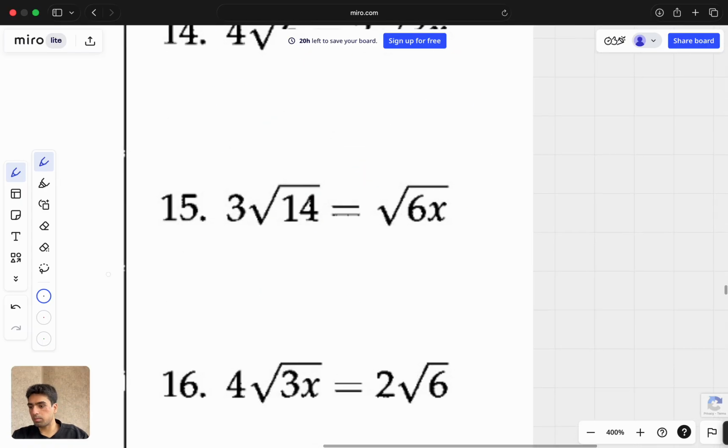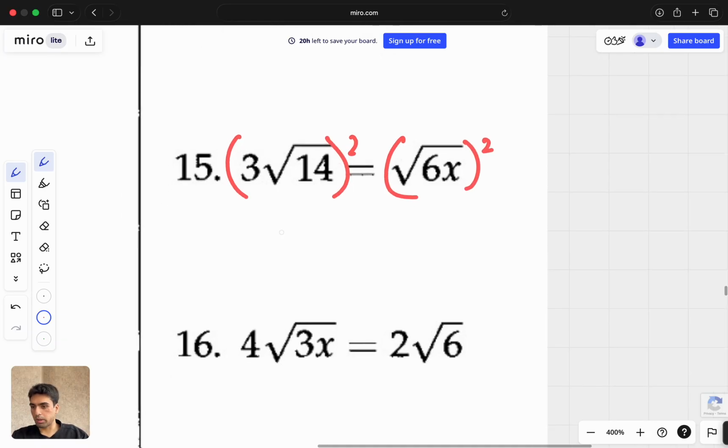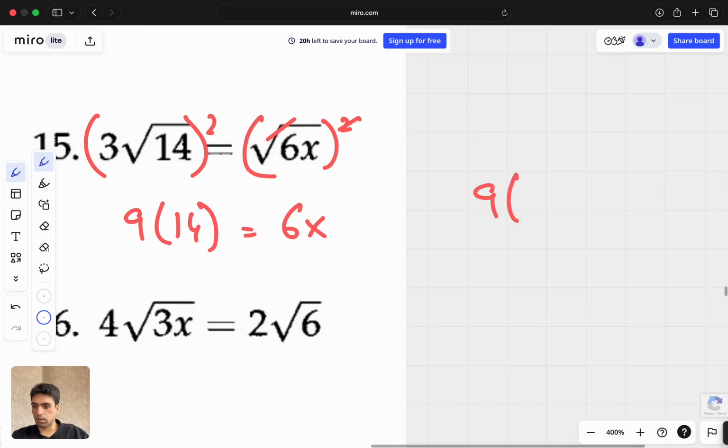Let's try this. So again, you square both sides, the square of this, the square of this. 3 squared is 9. Root of 14 squared is just 14. And then this cancels with this. You get just 6x. So you have 9 times 14 is equal to 6x.